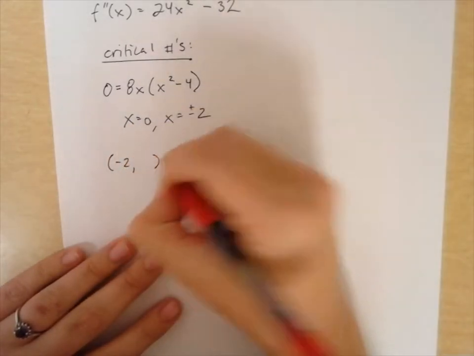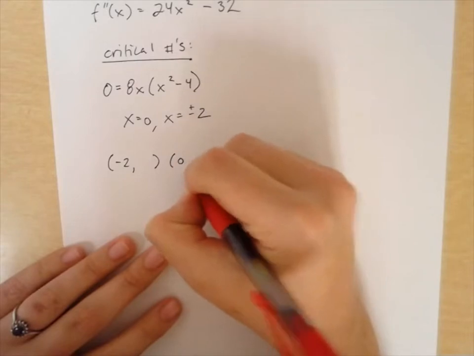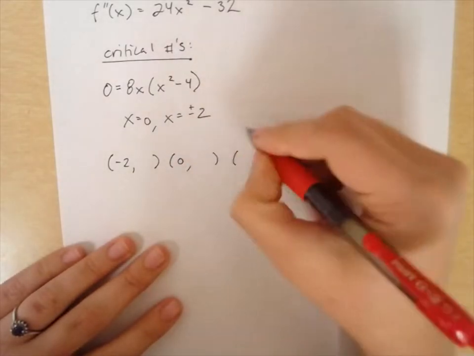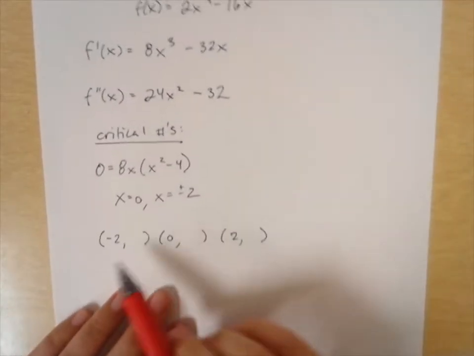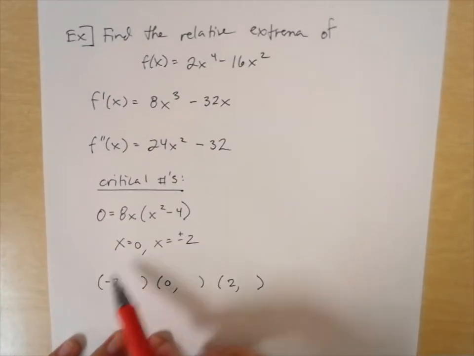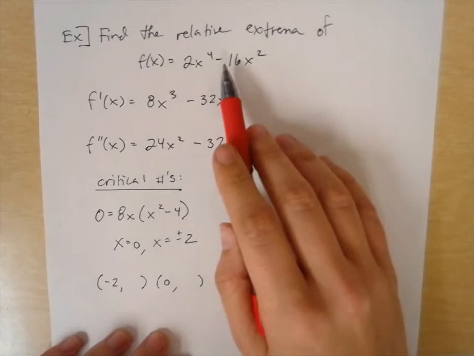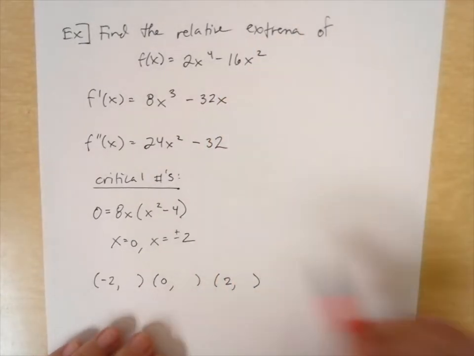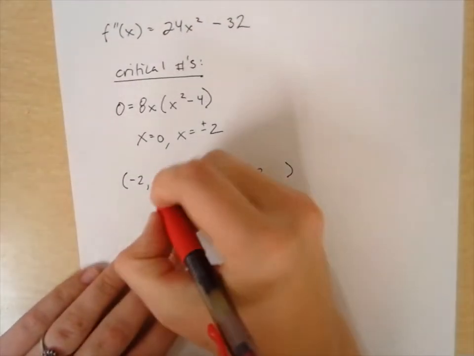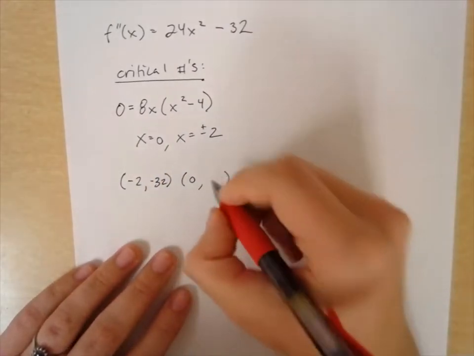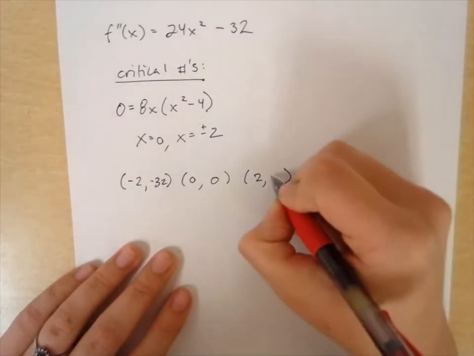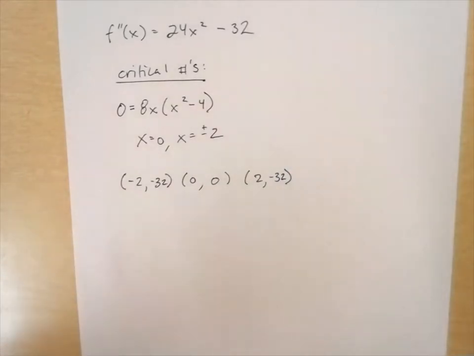So now it's my job to take these x values and create the numbers that are happening on my original function at these x values. So I take these x values and I substitute them back into my original function. And when I do that, I get the following coordinates: -2, -32, 0, 0, and 2, -32.